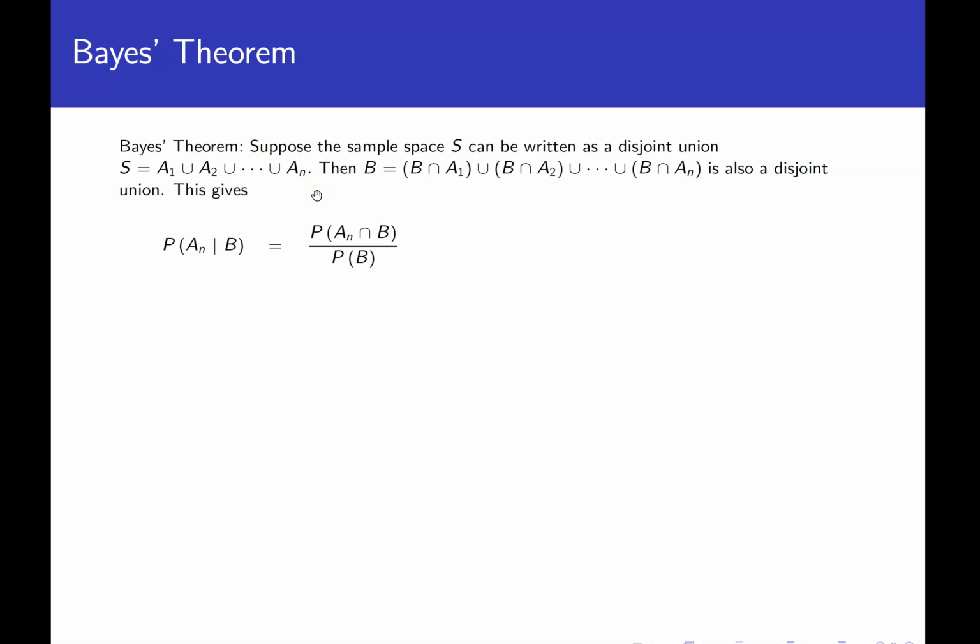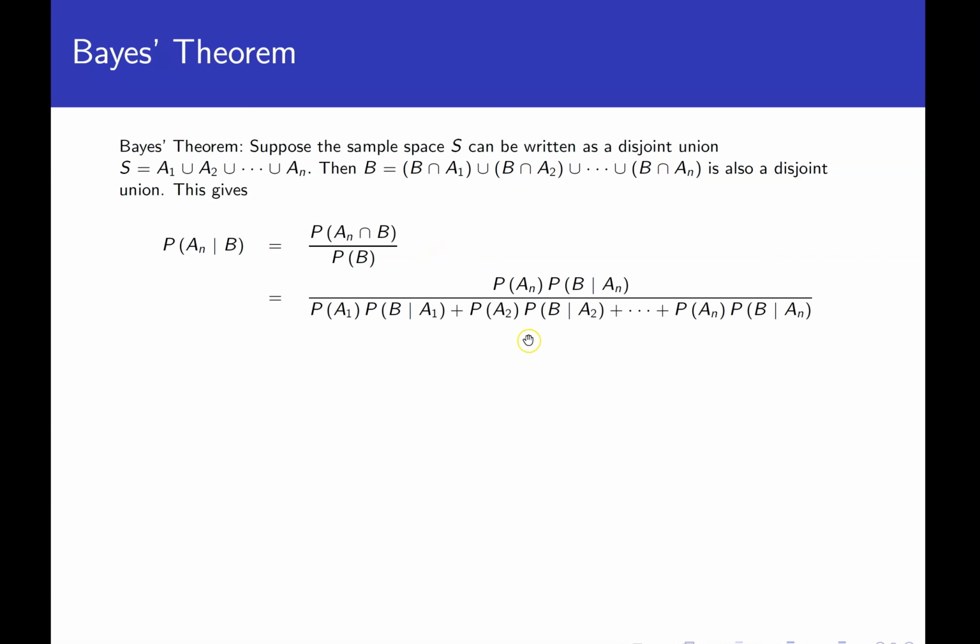So now let's work with the conditional probability formula to figure out what Bayes' theorem actually says. This is just our statement of conditional probability. This is just a rewriting like we did in the previous example. So here, this is just rewriting the probability of the intersection with A sub n as the given information rather than the B. And then down here, this is just a statement of the probability of B. We have B as a disjoint union, so if we take the probability, we can break it up as a sum.